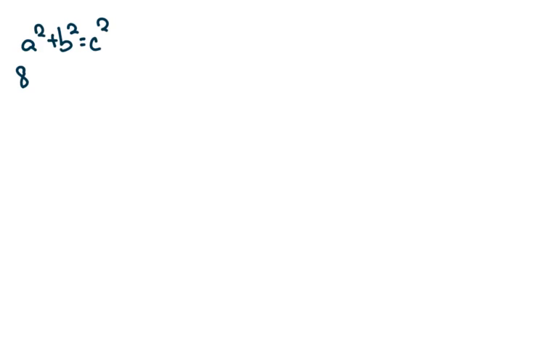We can call a the north direction, 89.1 kilogram meters per second. B we can call east, the 26.98. And instead of calling it c squared, I'm just going to call it momentum total squared. We could have left it as c squared, but this is a little more specific.